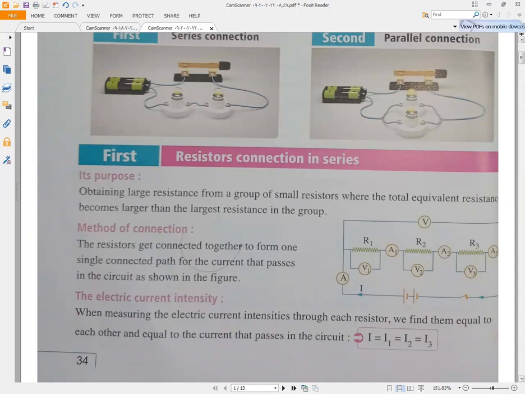So the current in the first resistance equals the current in the second resistance equals the current in the third resistance. What about the potential difference? Does the reading of the voltmeter at this point equal V1, or V2, or V3? The reading of the voltmeter equals the summation V1 plus V2 plus V3.